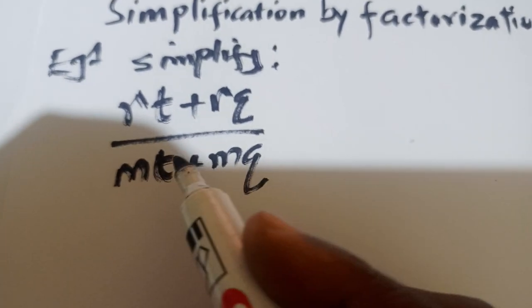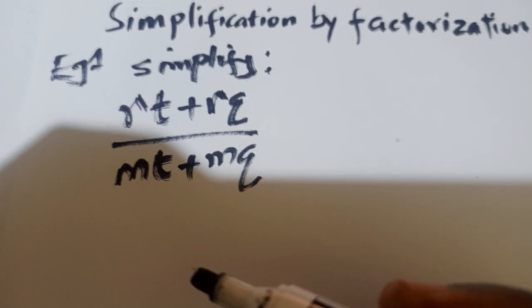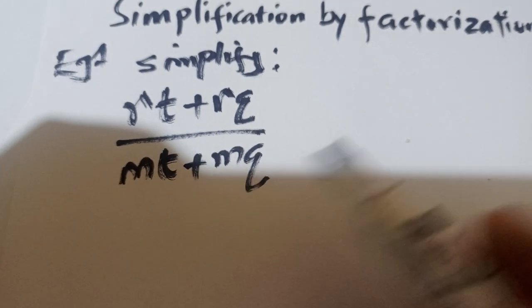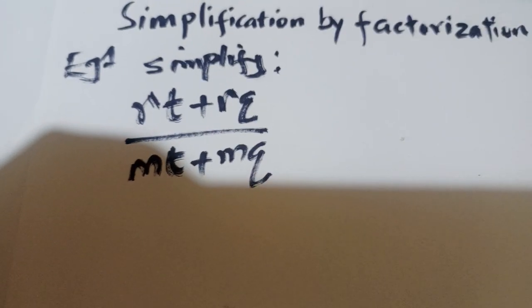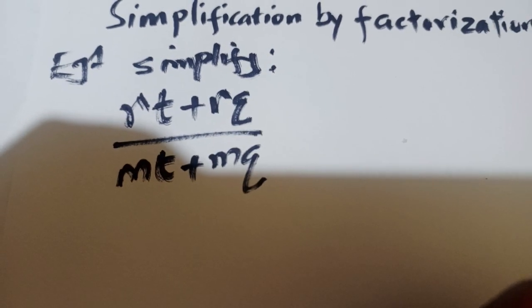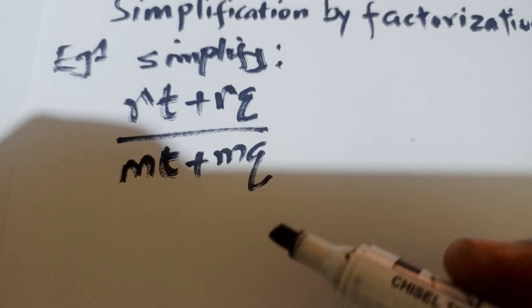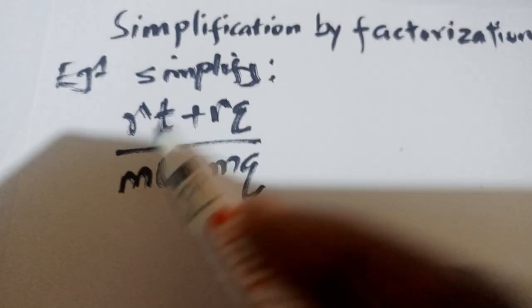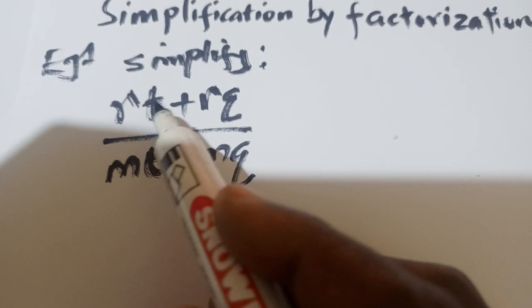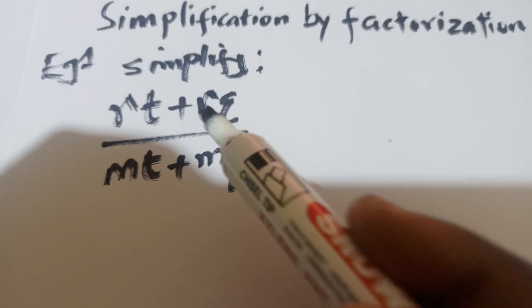To simplify this, we first of all consider the numerator on its own, and then the denominator, and then after that we combine the two cases to get a simplified form of the expression. To begin with, we can look at the numerator. In the numerator we have two terms, RT and RQ, so the sum of these two terms.